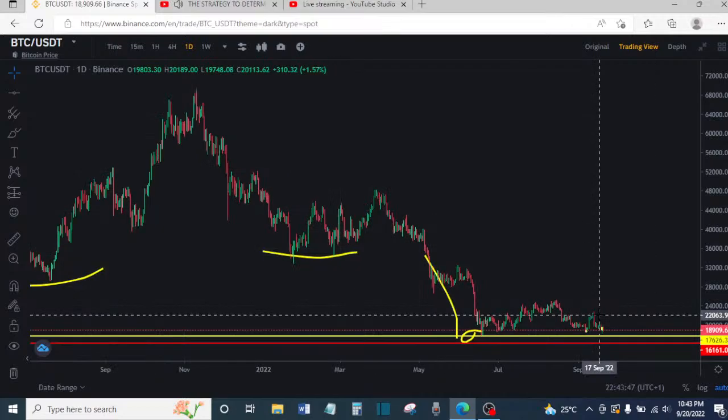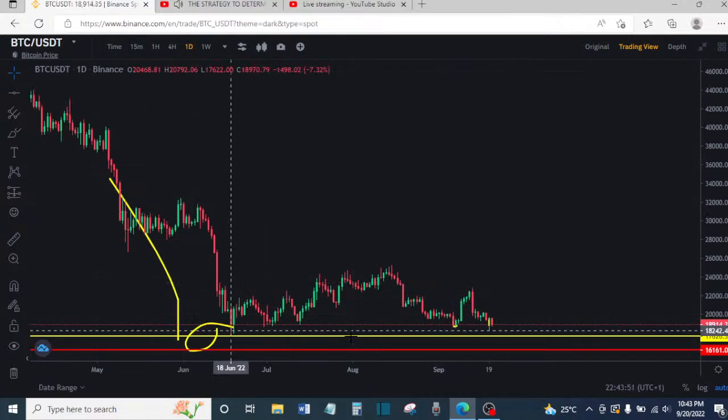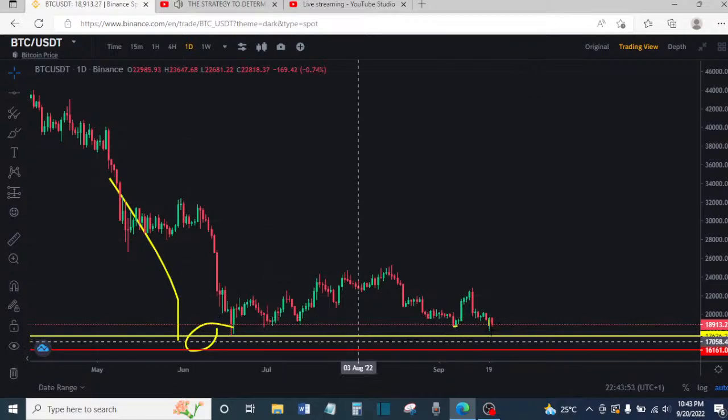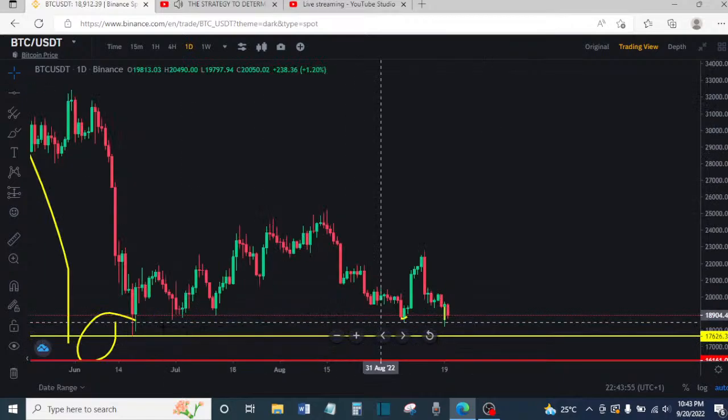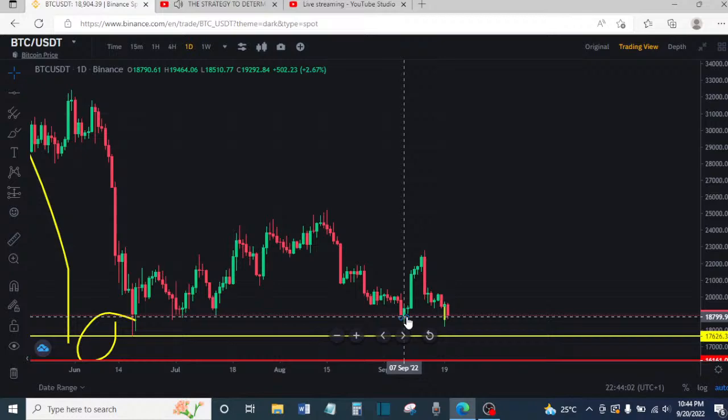Okay, now we are on the daily time frame. Like I was saying, this area is a good area for a buy zone, because all these stops here have been taken out.